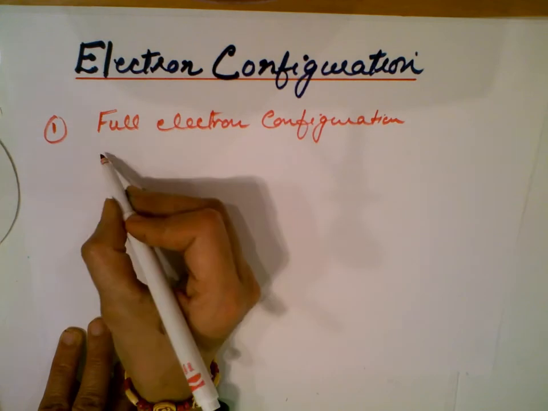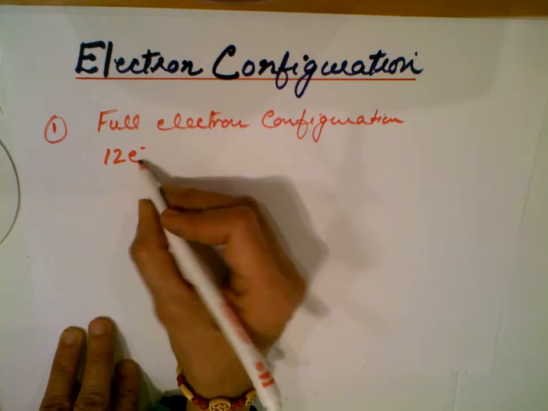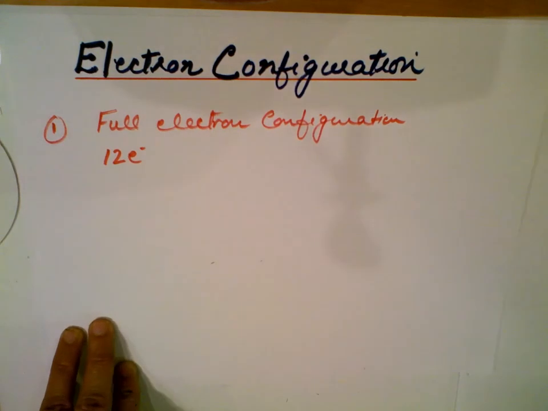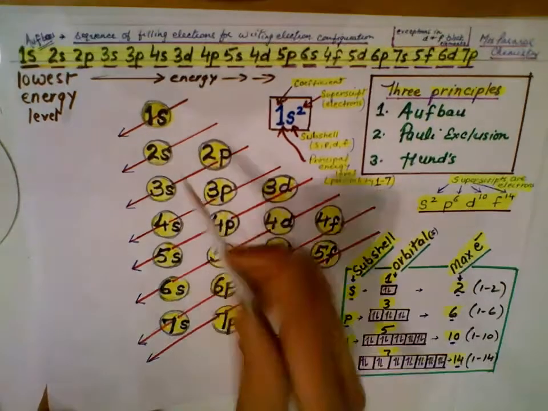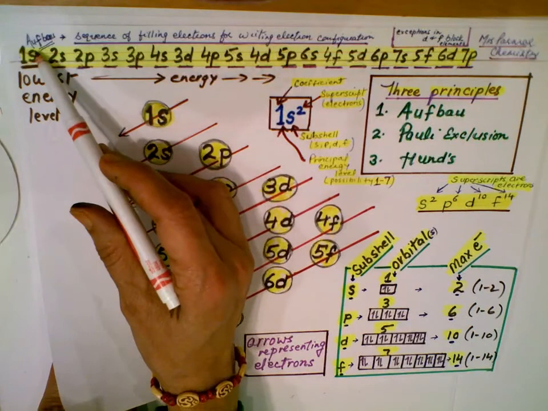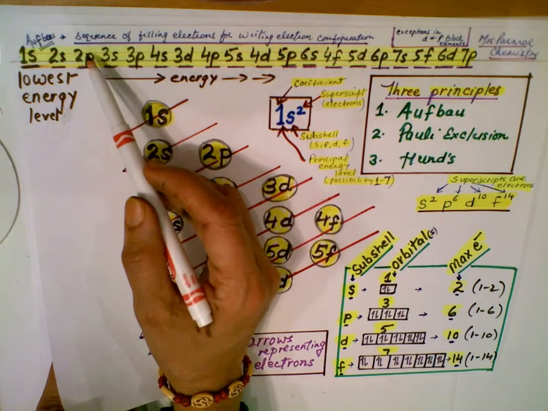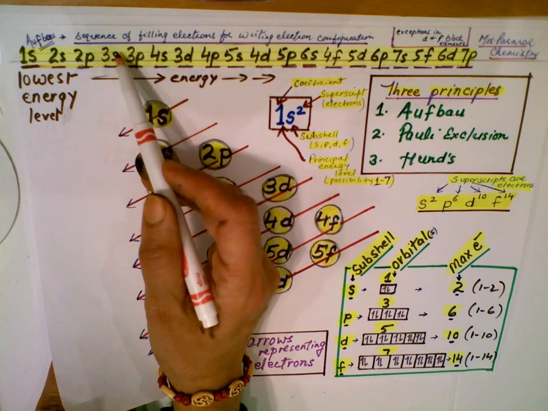Let's say we have an example, 12 electrons. If we have to write the electron configuration for this element with 12 electrons, we follow the sequence from here. You first start filling electrons. In the s, you can have max 2, and then you have 6. So until here, 2 plus 2 plus 6, you have 10. And then you move on, plus 2 will be 12.